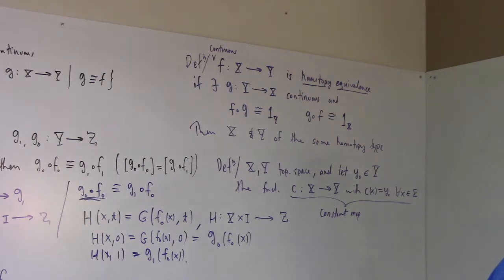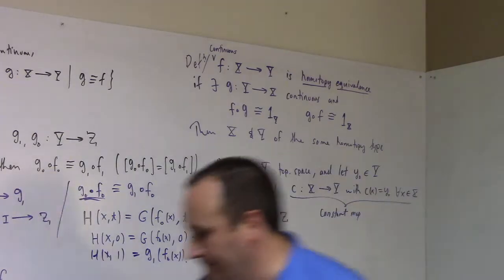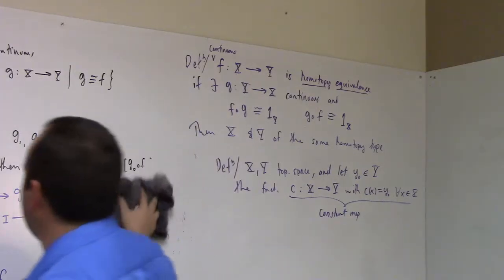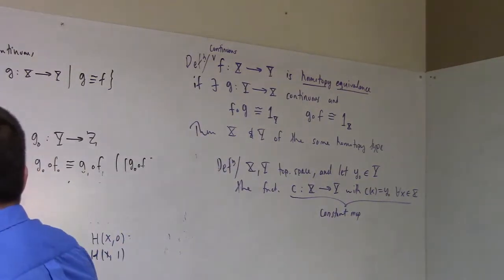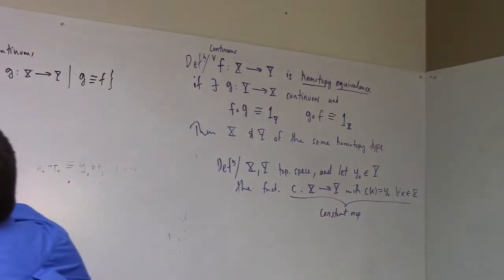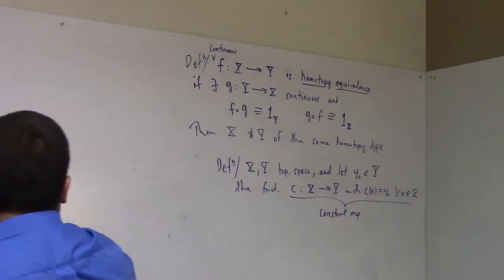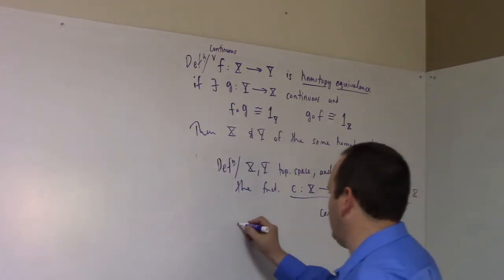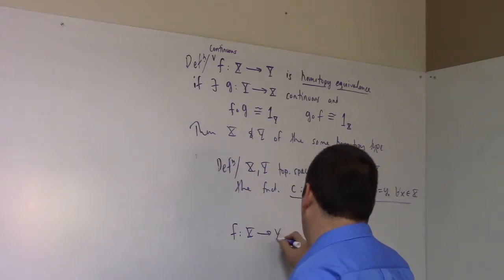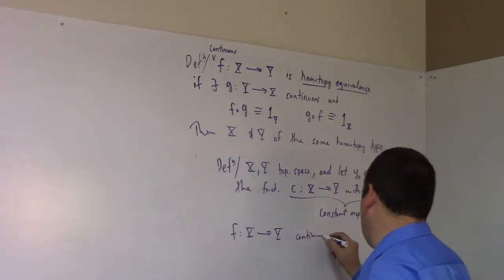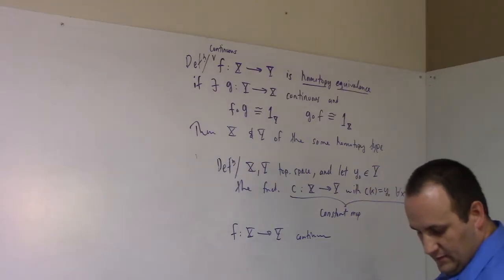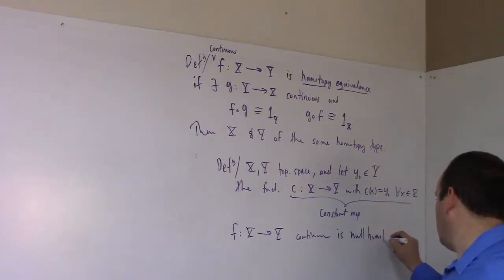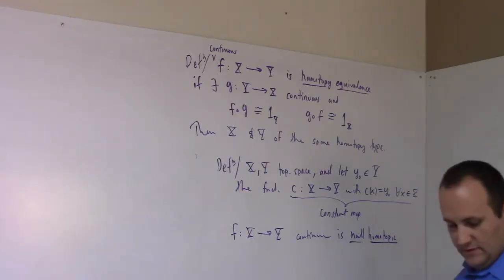A continuous map f from X to Y is null homotopic if what?